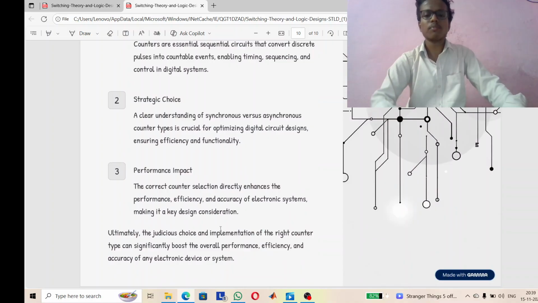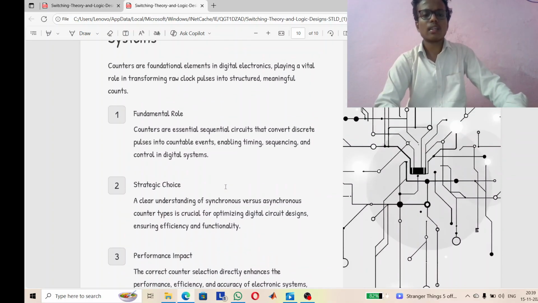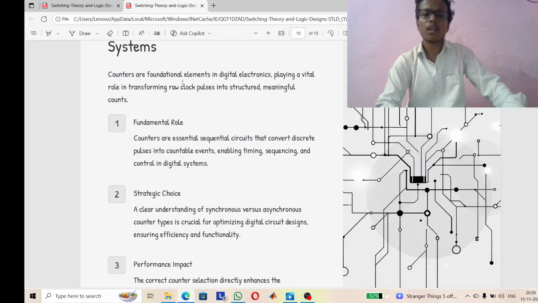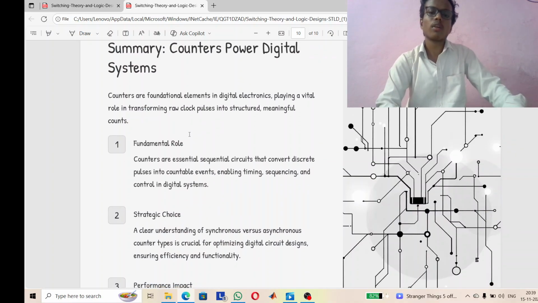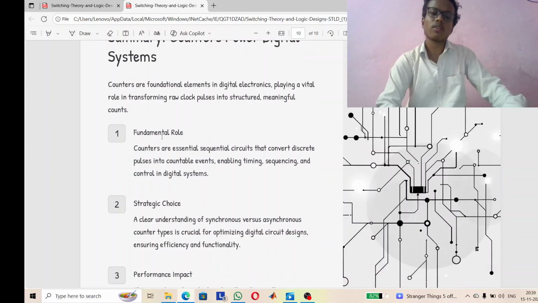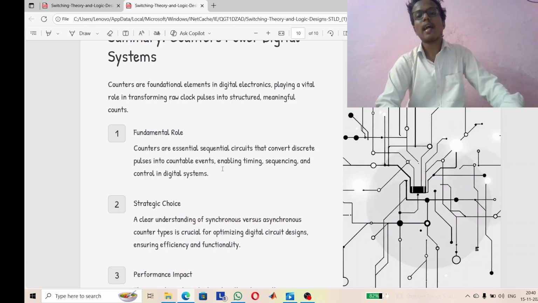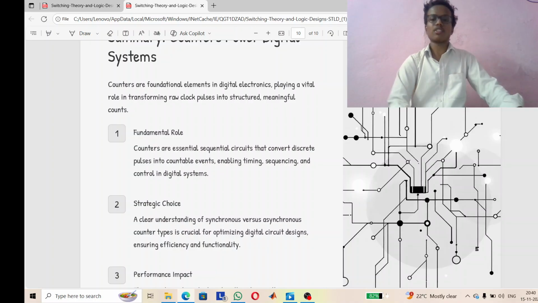Counters are foundational elements in digital electronics, playing a vital role in transforming raw clock pulses into structured, meaningful counts. The first one is the fundamental role. Counters are essential sequential circuits that convert discrete pulses to countable events, enabling timing, sequencing, and control in digital systems.